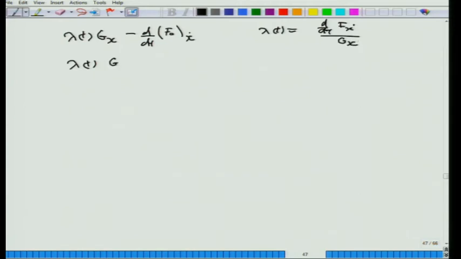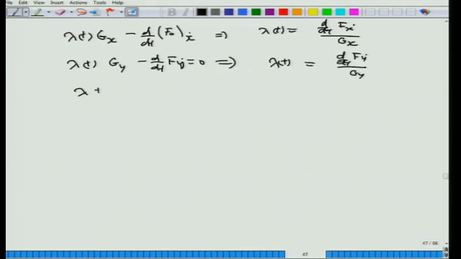Similarly, here f y minus d by dt of f y dot will give you lambda t equal to d by dt of f y dot over g y. And the third equation, f z minus d by dt of f z dot equal to 0, will imply that lambda t equal to d by dt of f z dot over g z.